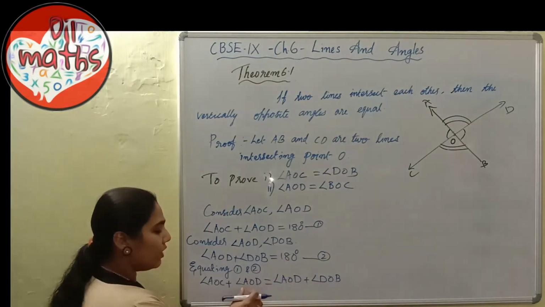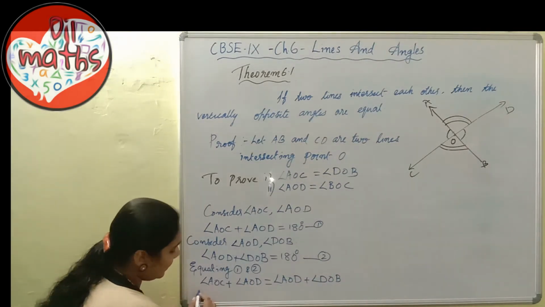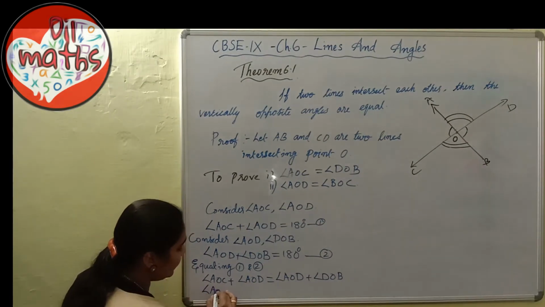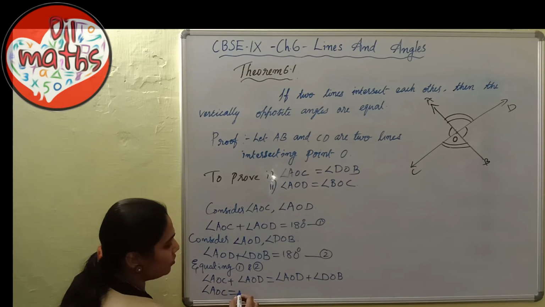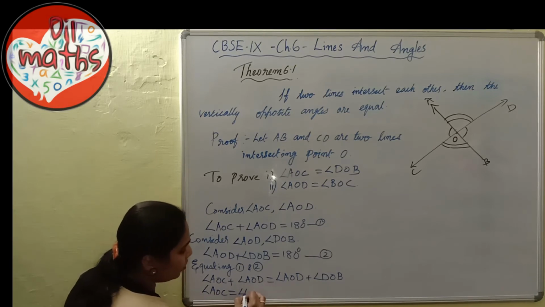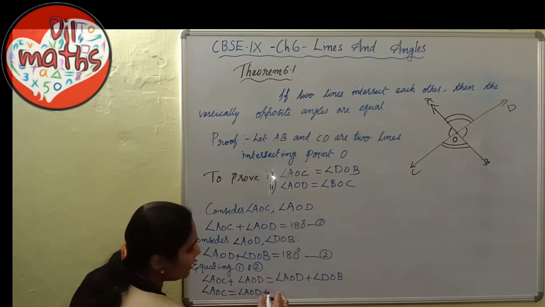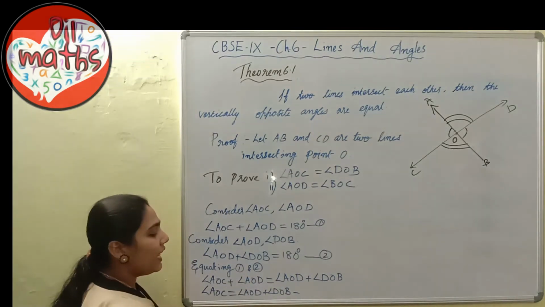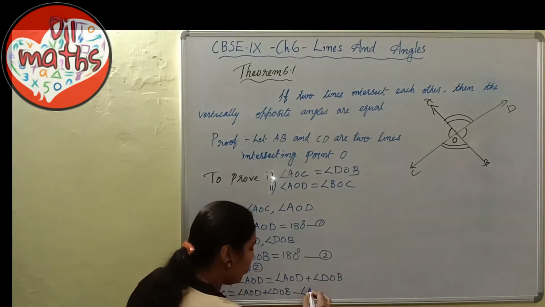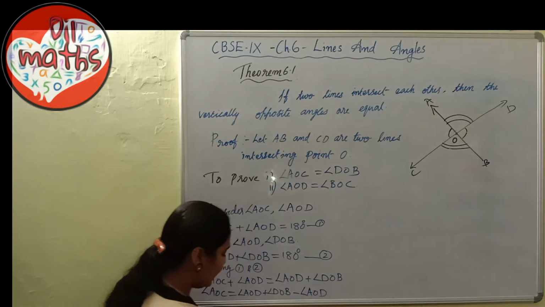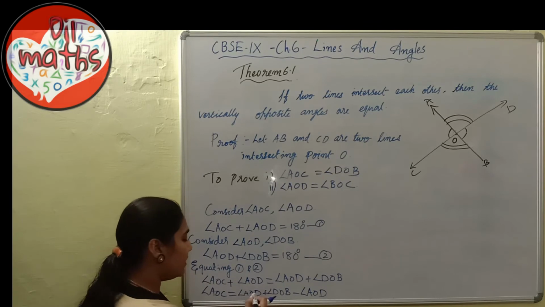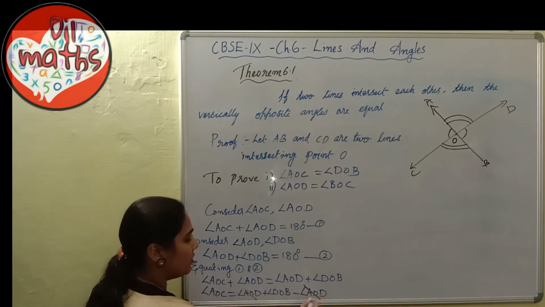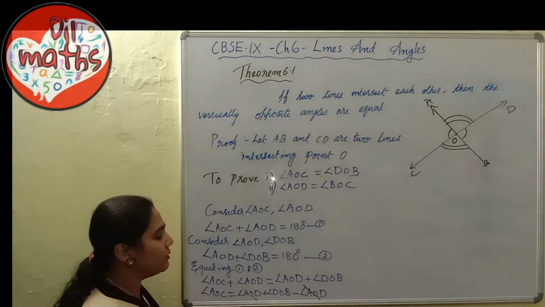You can cancel it, or you can take this AOD to the RHS, then it will become angle AOC is equal to angle AOD plus angle DOB minus AOD. Now we can cancel these two AODs, isn't it? This is plus AOD and this is minus AOD.